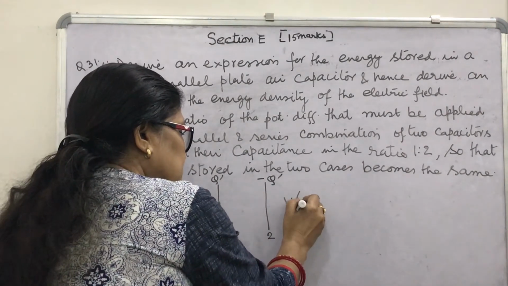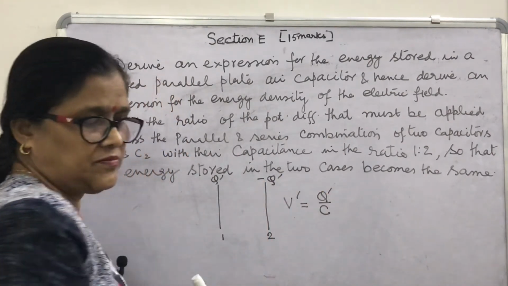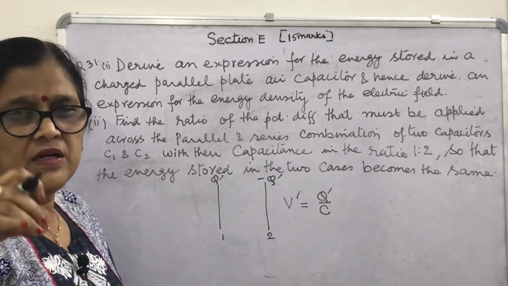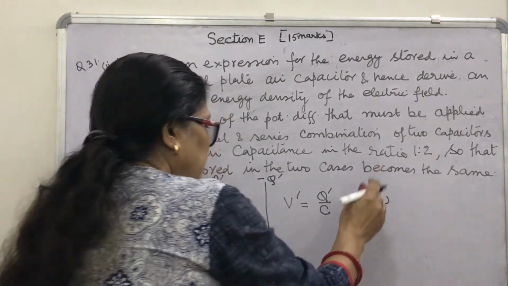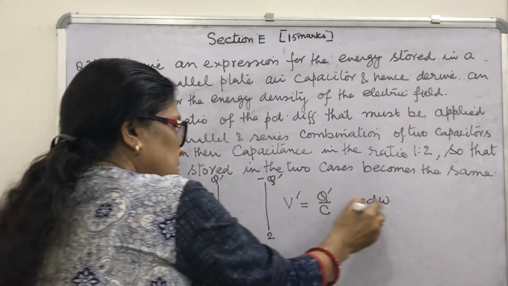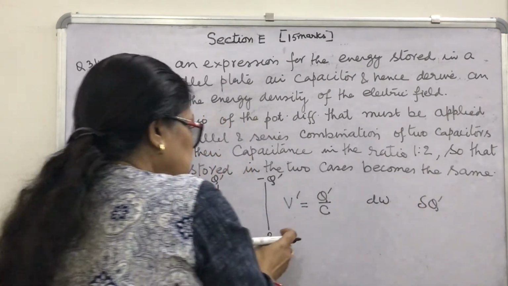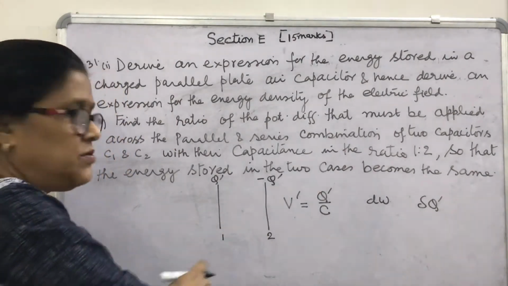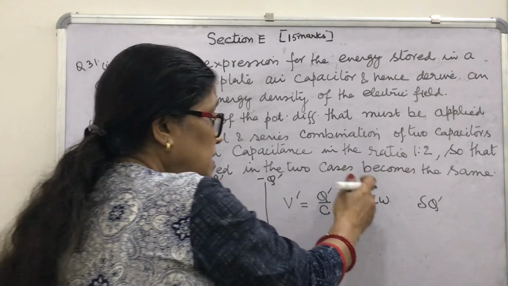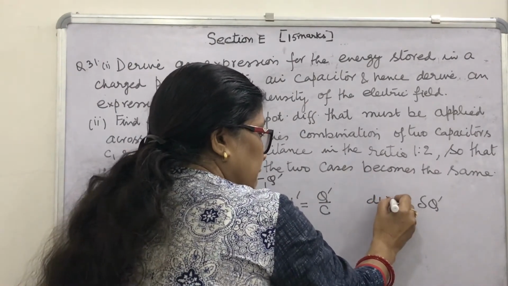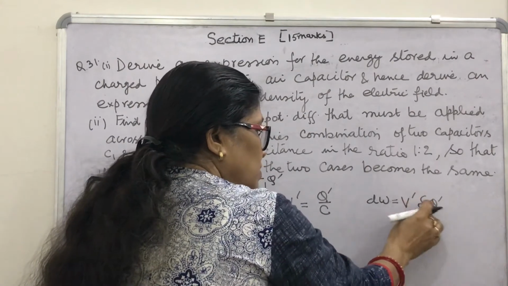This V dash can be written as Q dash upon C. Now imagine dW is the work done in bringing a charge delta Q dash from the second to the first plate. So what will be the work done? dW can be written as V dash into delta Q dash.